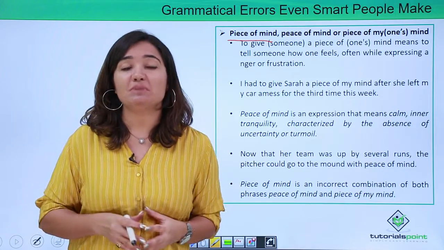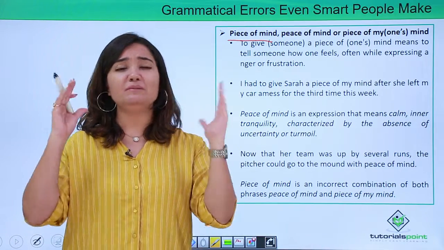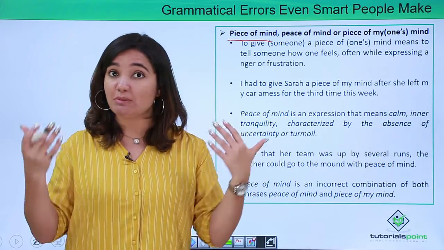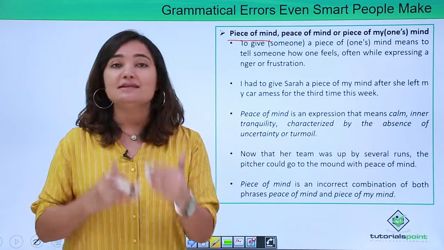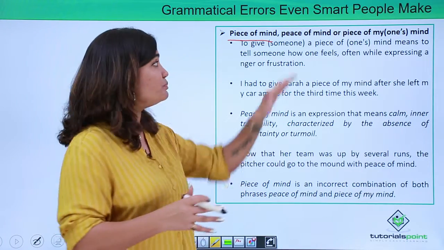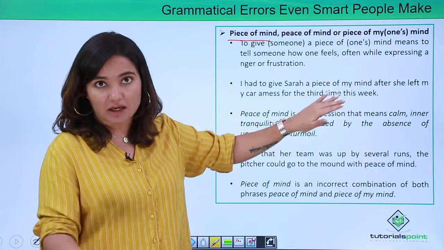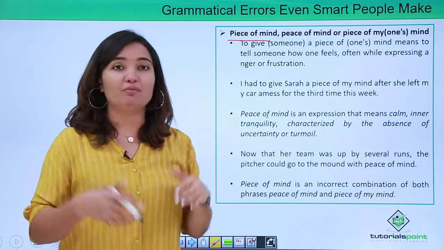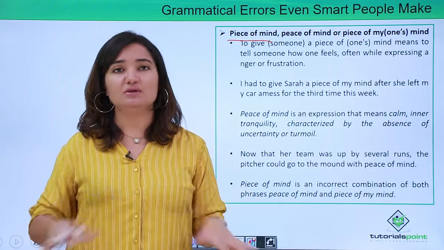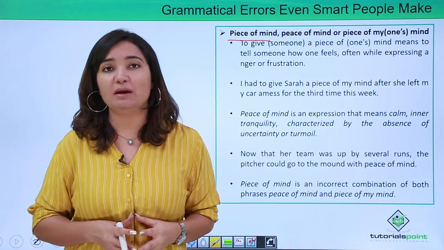So that is what is meant by piece of mind, maybe in terms of venting out your anger or frustration, or maybe reprimanding someone. That is the literal use of piece of one's mind. Whereas peace of mind means tranquility, absolute peace, absolute happiness. That is what is meant by peace of mind.